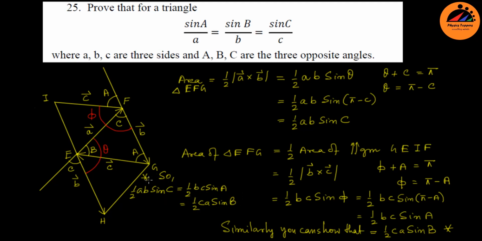Now if you divide this whole equation by half ABC, half AB cancels here, so you get sin C by small c is equal to sin A by small a, equals sin B by small b.